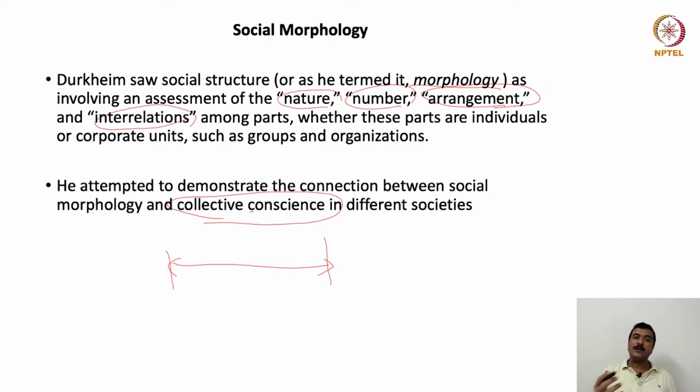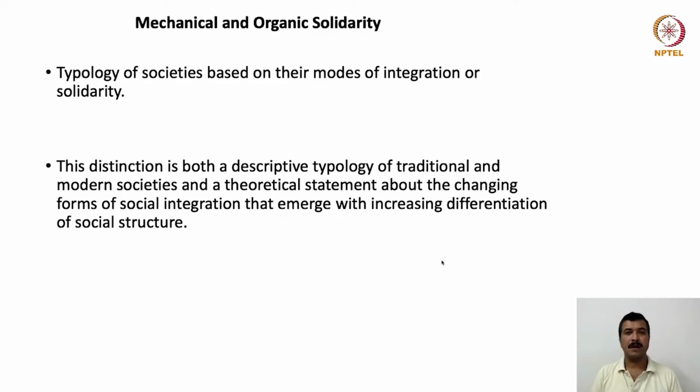He argues that the collective conscience of primitive societies and of advanced societies are quite different because there is a particular relation between the social structure and the collective conscience.